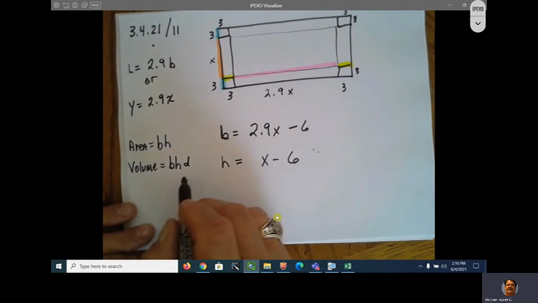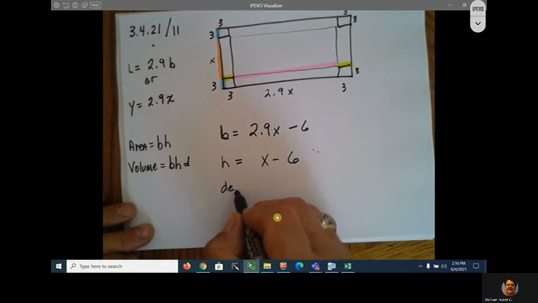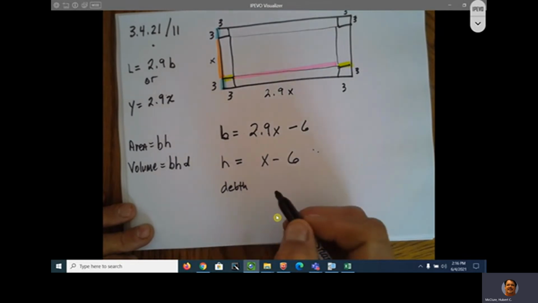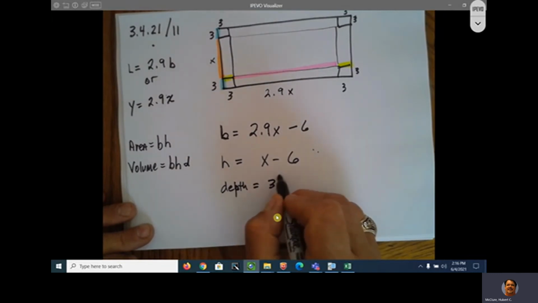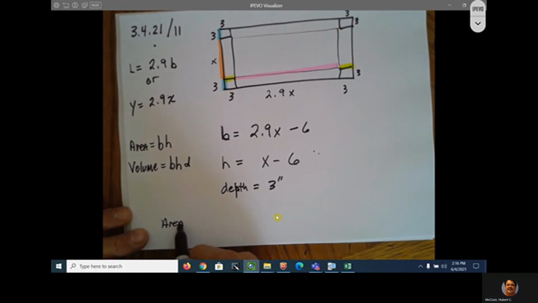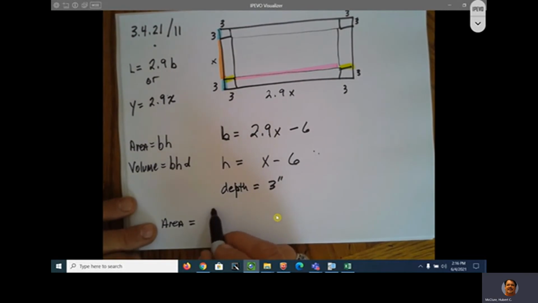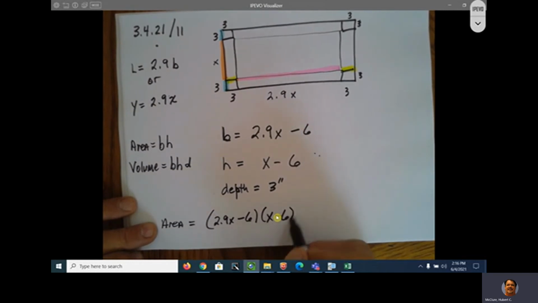So the depth of this box is 3 inches, because when you fold these sides up, it's going to be 3 inches deep. The depth is equal to 3 inches. Therefore, the area is equal to 2.9x minus 6 times x minus 6.